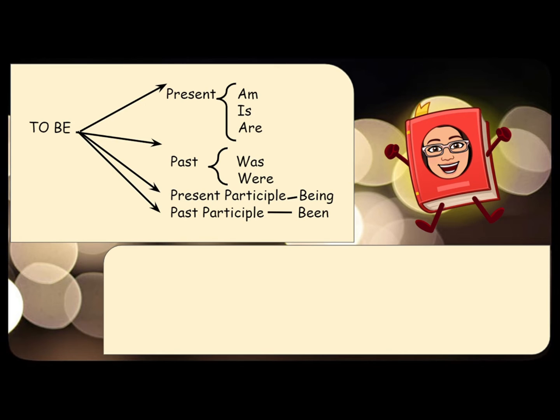In the past, we have two forms: was for the first person singular and the third person singular, and were for we, you, and they. The present participle of the verb to be is being, and the past participle is been.